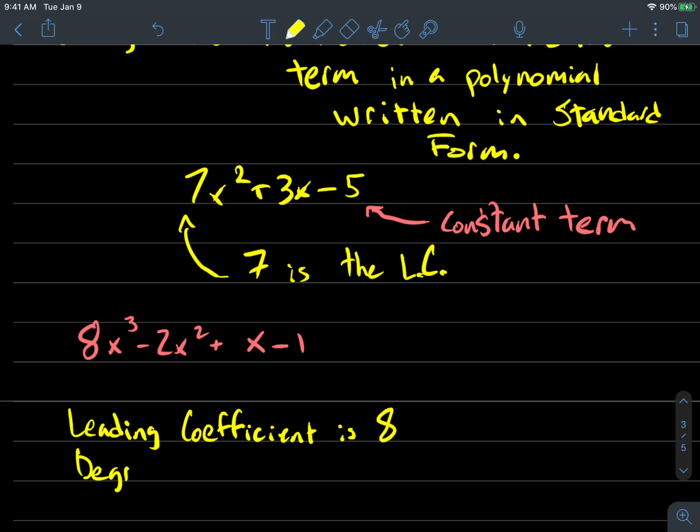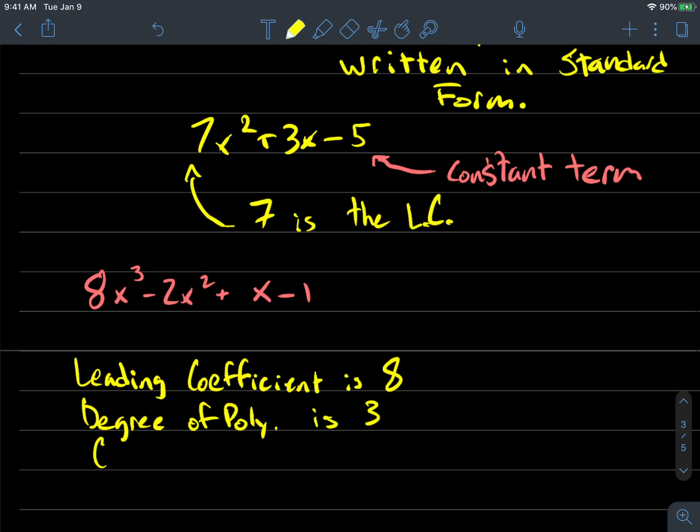The degree of the polynomial is 3. The constant term is -1. Remember, when you're going over the leading coefficient and the constant term, if there's a negative sign in front of it, then you keep that.